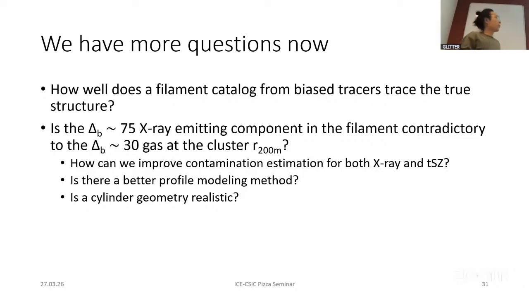Also, in the future, we'd like to have some better profile modeling method, and to assume some other geometries, or forget about geometries and take some other way to better fit that. And I hope in the future, with a better method and a better filament catalog, we can have a more accurate constraint of the gas properties there.